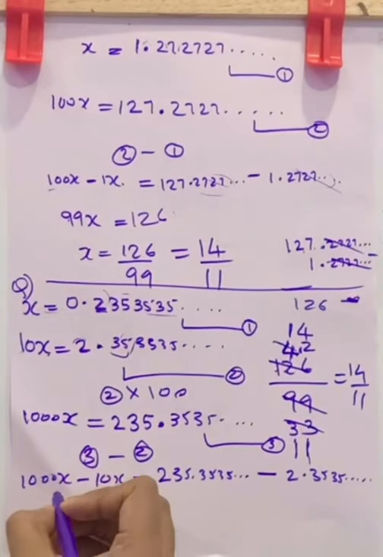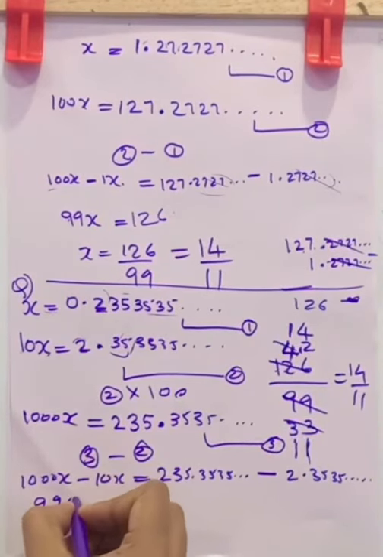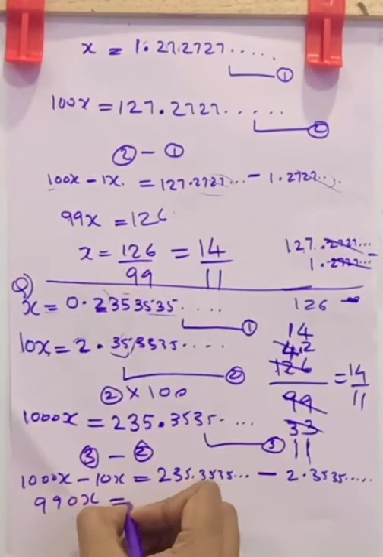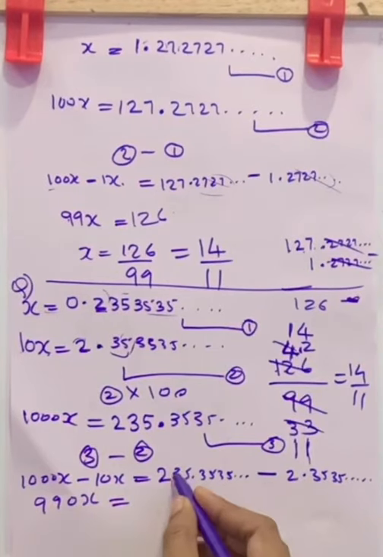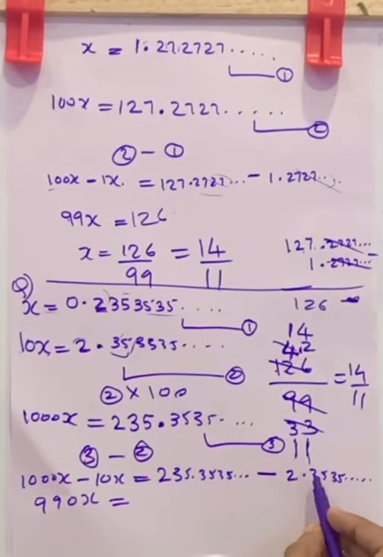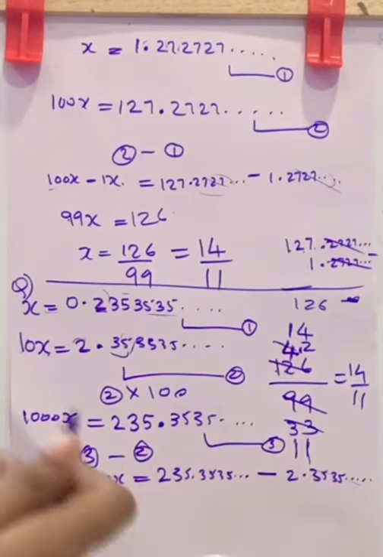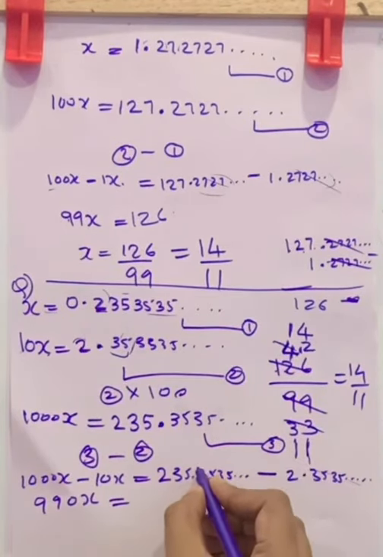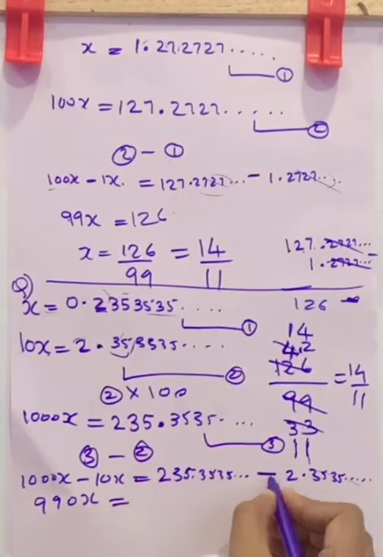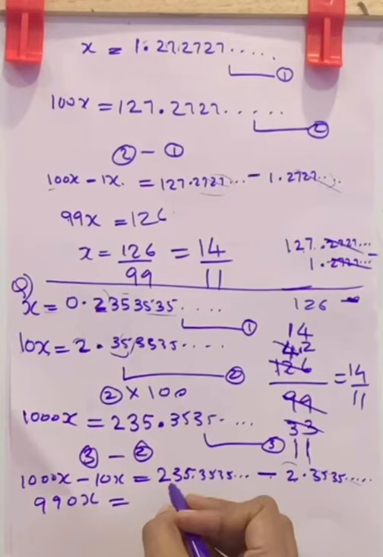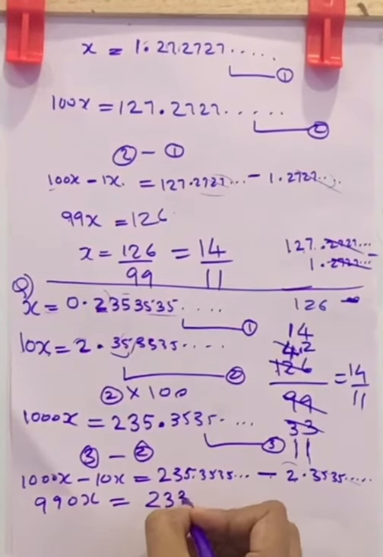1000 minus 10, that is 990x is equal to, now here the repeating part will be cancelled. After the decimal both are same, so they will be cancelled. The only thing is 235 minus this whole number part 2. 235 minus 2 is 233.